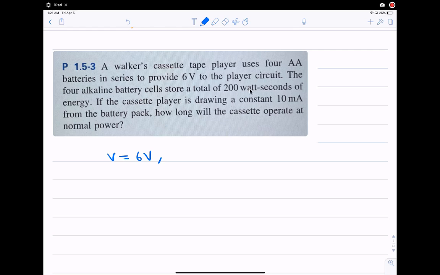So power times time would give you the energy. So the energy is 200 watt times seconds. So from this I can tell that the energy formula is power times time. Now let's continue first and then I will make a comment.